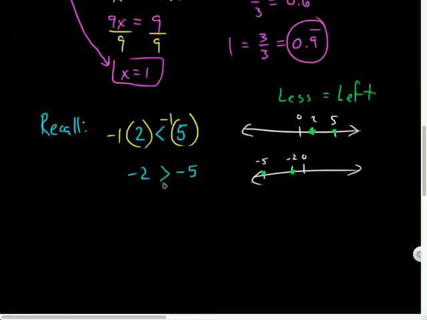Please. So I just want to point out that, what would you say we should do when we multiply by a negative, as a general idea, if I'm dealing with inequalities? What happened? Yeah. So when multiplying, or dividing by a negative, flip the inequality.